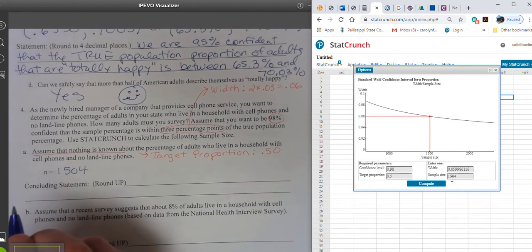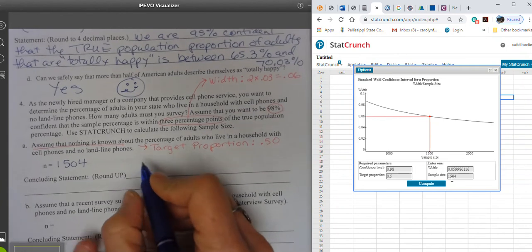What this means is, if we want to be 98% confident that the sample percentage from our survey is going to be within 3 percentage points of the true proportion, we're going to have to ask 1,504 people. So let's write this out.